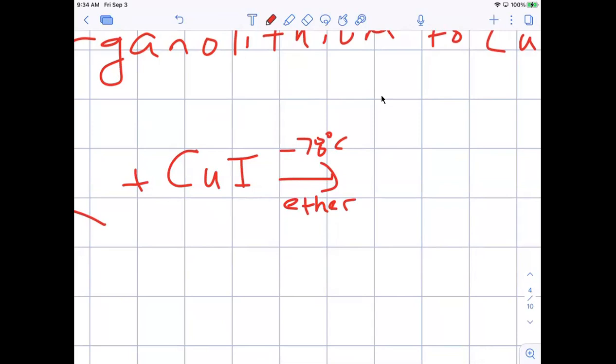All right, any questions? I had a friend of mine, I tell this story every time I teach this section, who as a grad student was making a Grignard for use in a larger synthesis.